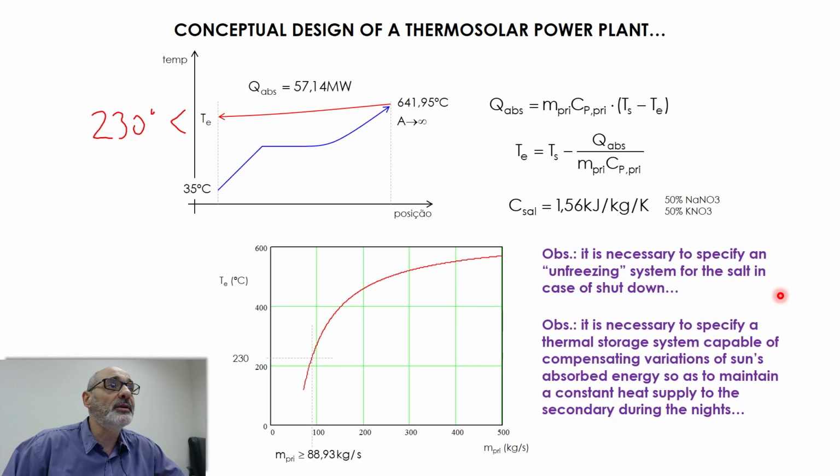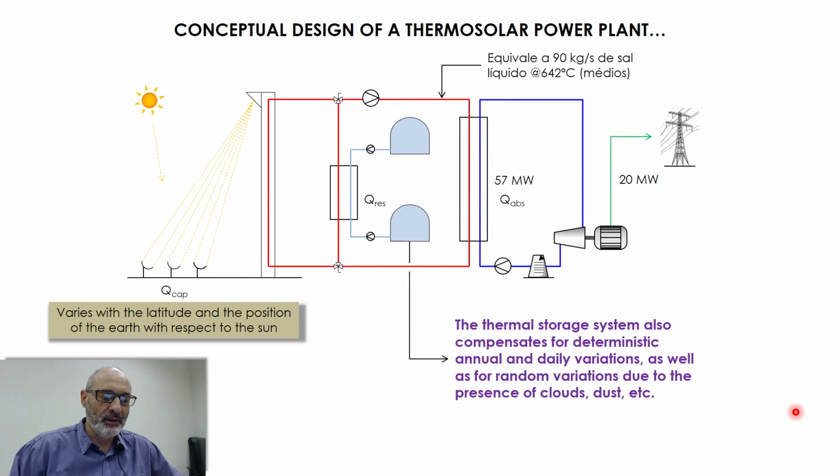This first point here we're not going to address because it doesn't change the configuration of our solar plant. I mean the conceptual numbers of our power plant, but this point here we're going to address further on. Okay, we're going to specify this storage system.